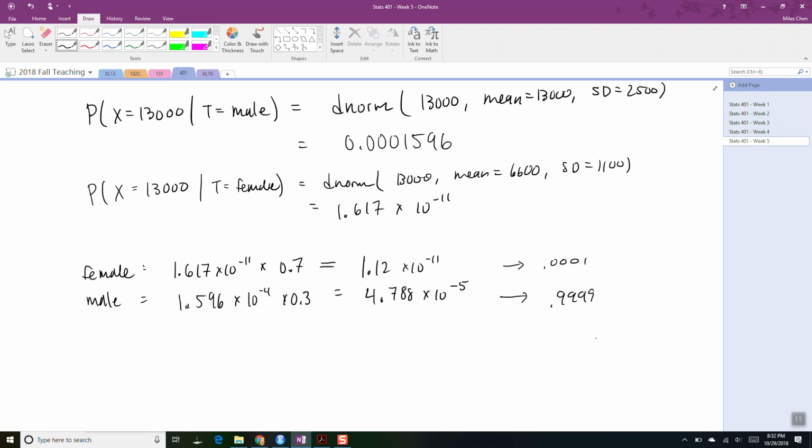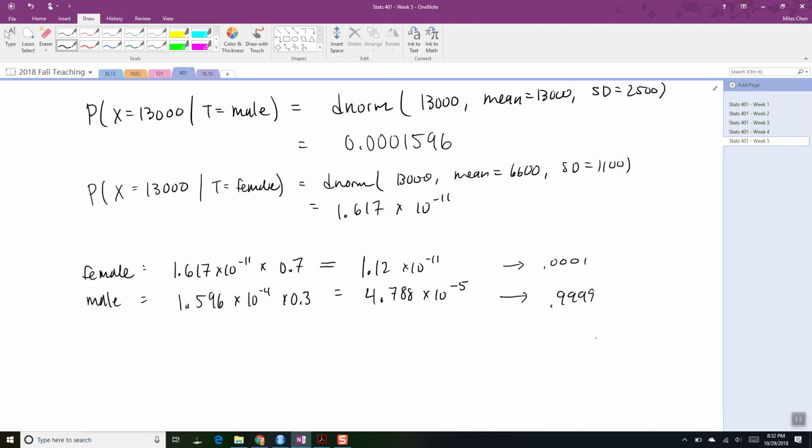And so it says, even though if we pick an elephant at random, it's more likely to be female, it's even less likely that it's a female that weighs this much. Because it's so unlikely that a female weighs this much, that's going to counteract anything else.